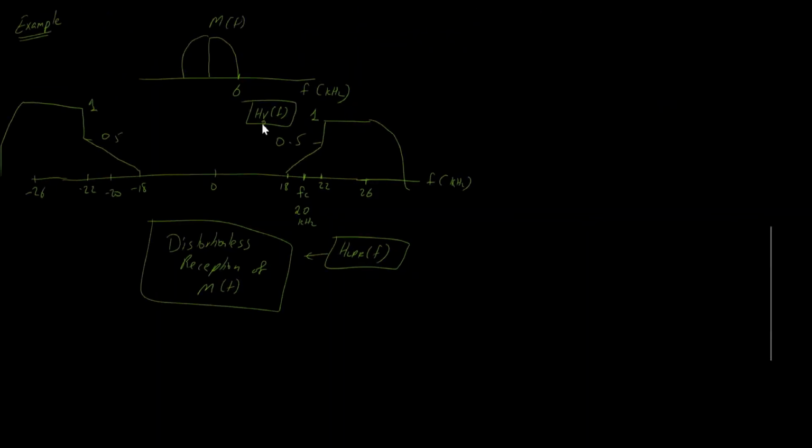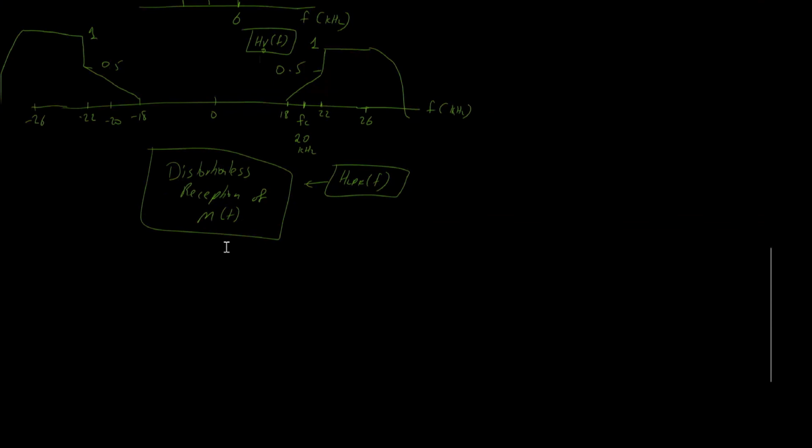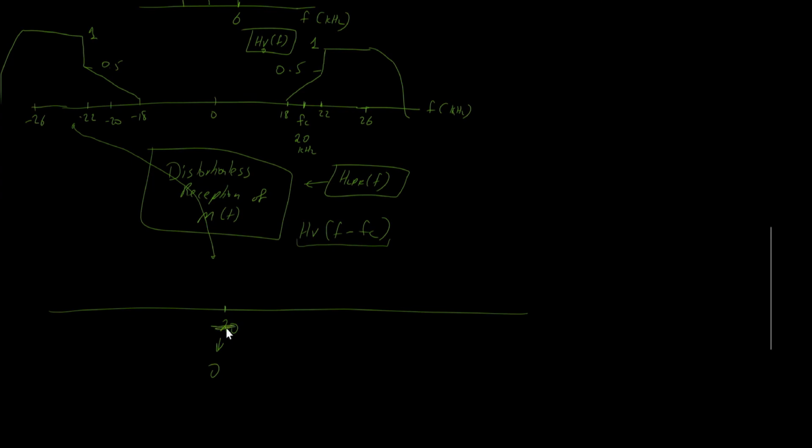So if this is our Hv of f, what would be Hv of f minus fc? Frequency shifting. This means that this would go over here. The carrier frequency at minus 20 would now be at 0. This minus 18 is now plus 2 and minus 22 is minus 2.